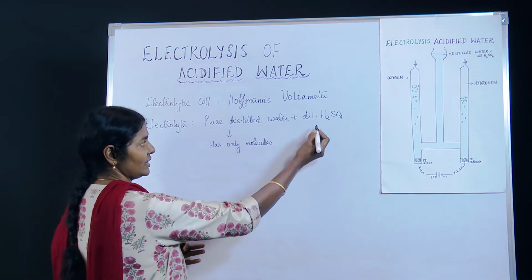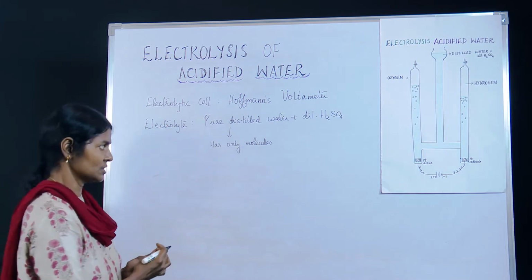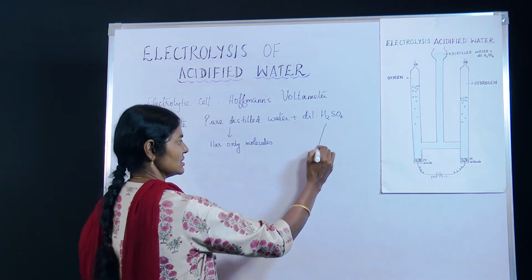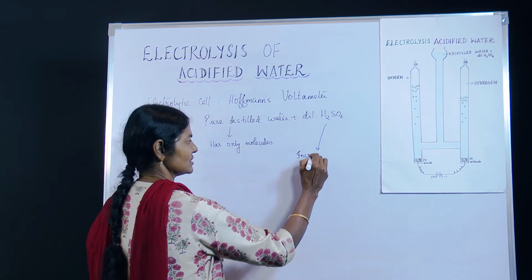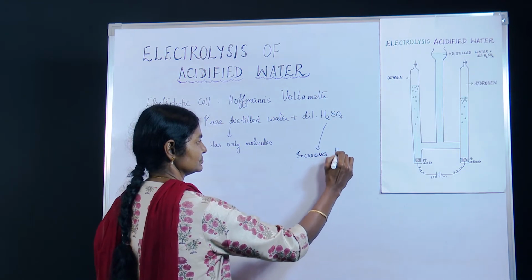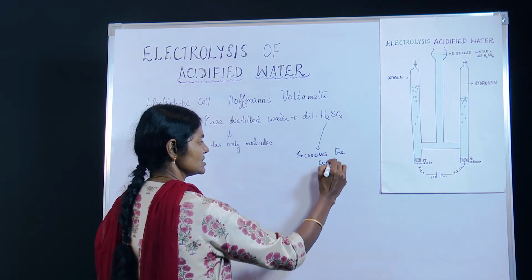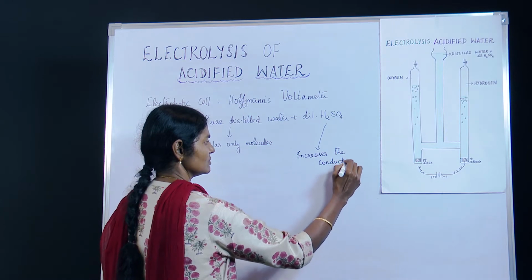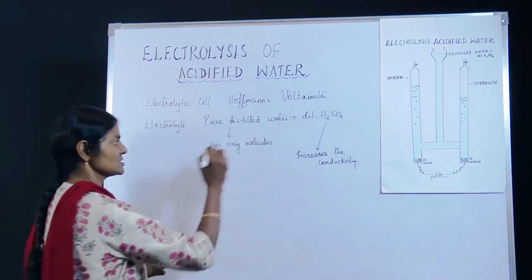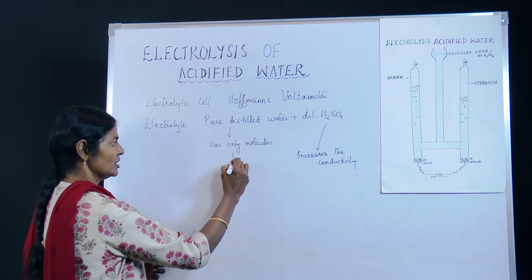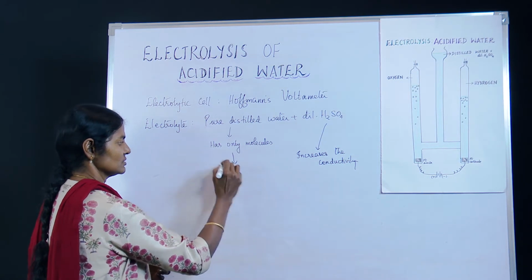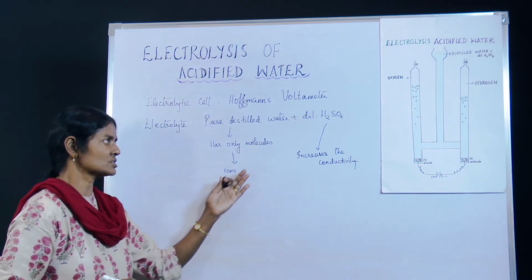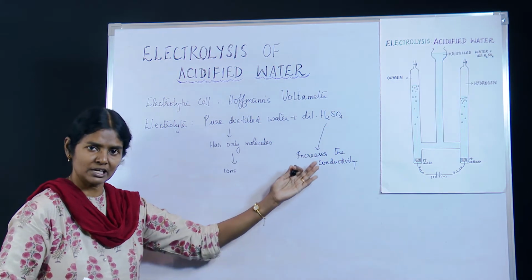Therefore, we add dilute sulfuric acid to it so that this increases the conductivity. Not only that, it helps in breaking down this distilled water into ions. So it breaks down into ions in the presence of dilute sulfuric acid.